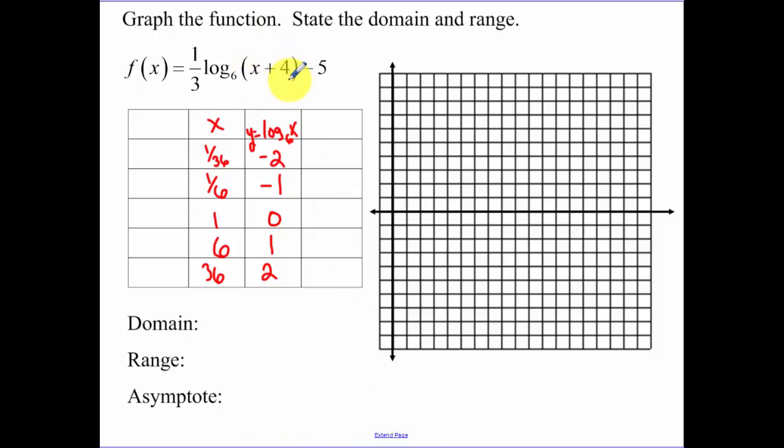The +4, remember that shifts it opposite of what it seems, so it is going to shift us left 4. Okay, so I'm going to subtract 4 from all of these values. And again, I used my calculator to get these values, especially with these fractions.